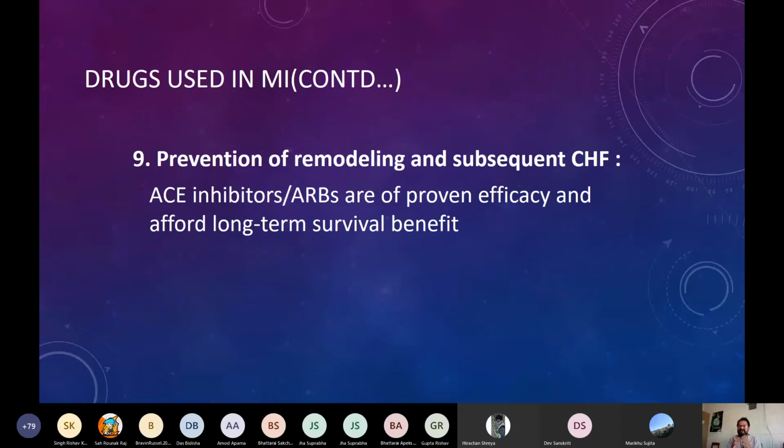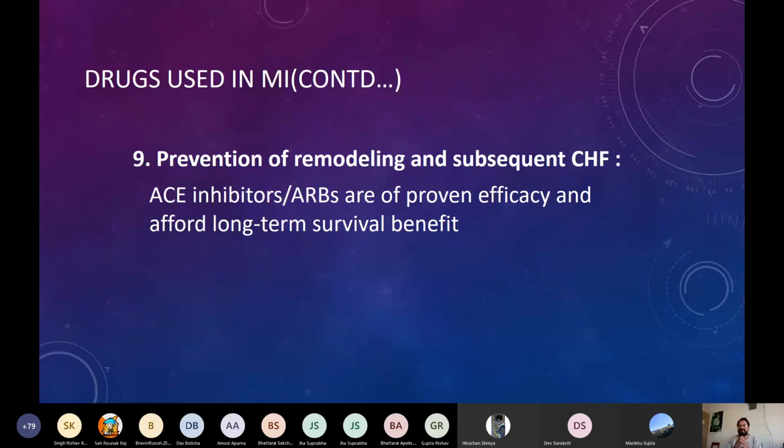For that, you know that ACE inhibitors and ARBs are capable of blocking aldosterone also, if you remember. So these aldosterone antagonists can help in prevention of remodeling or enlargement of the heart. Not only that, they can prevent subsequent congestive heart failure. One of the core causes of congestive heart failure is MI.